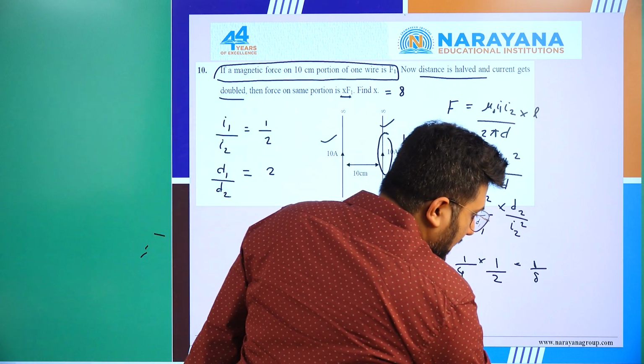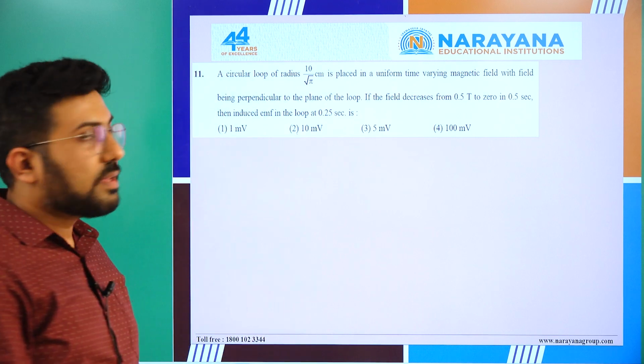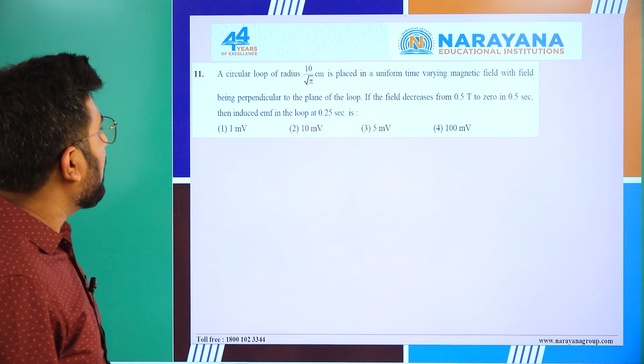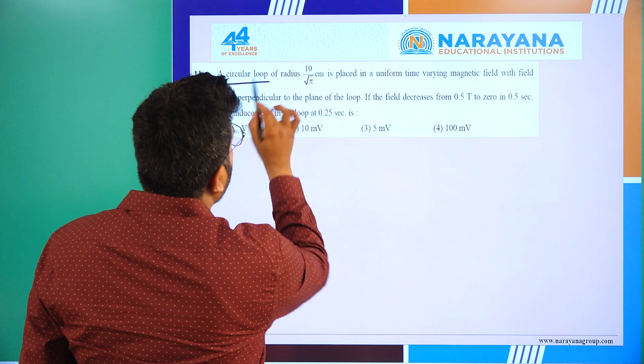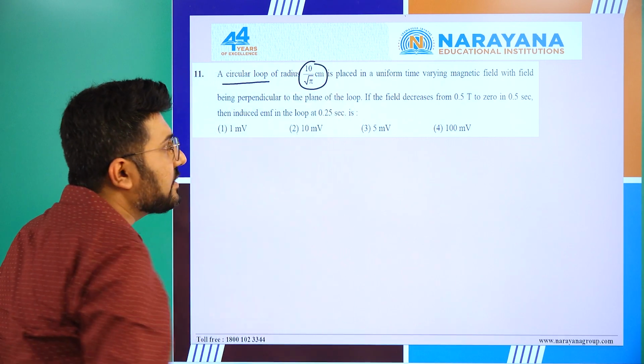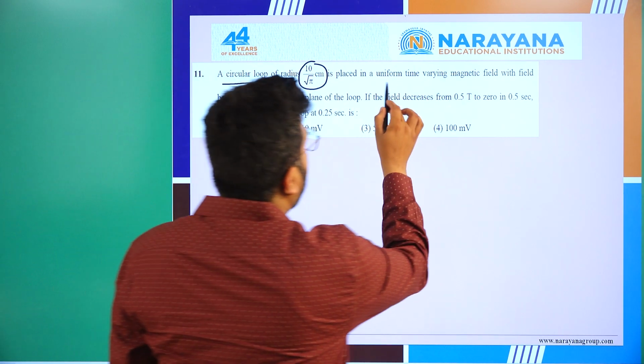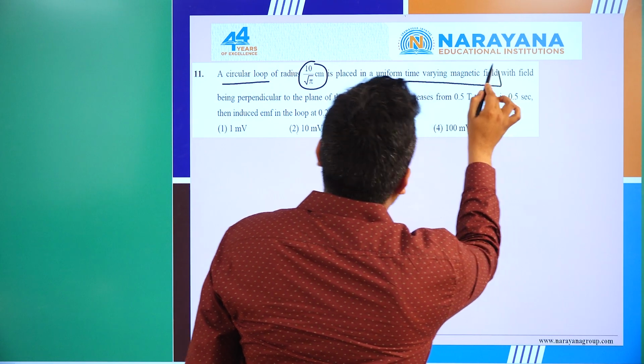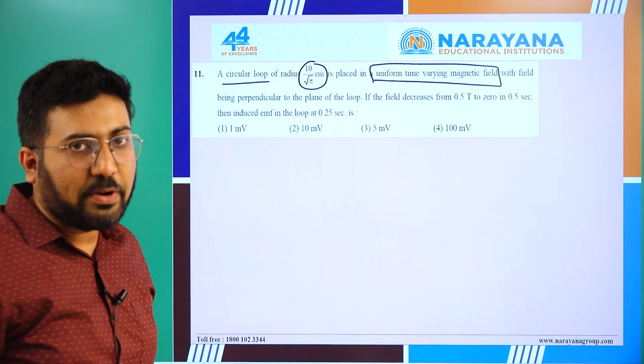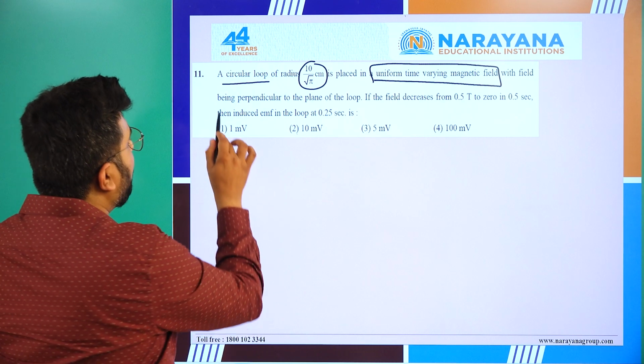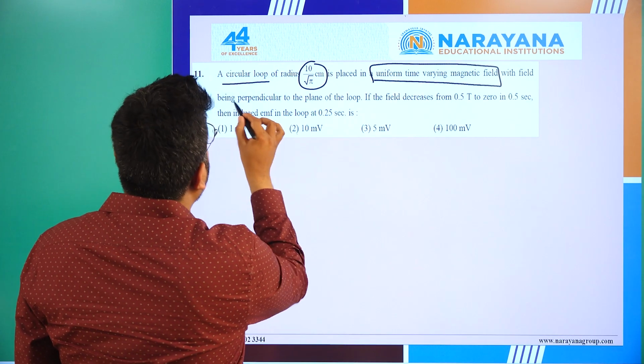Now let's go to the next question. In this question we have a circular loop of this much radius, placed in a time varying magnetic field which is uniform. The field is perpendicular to the plane.